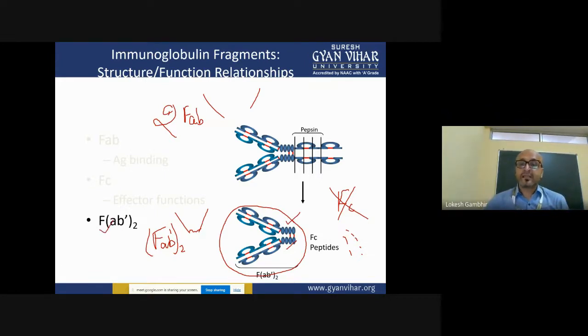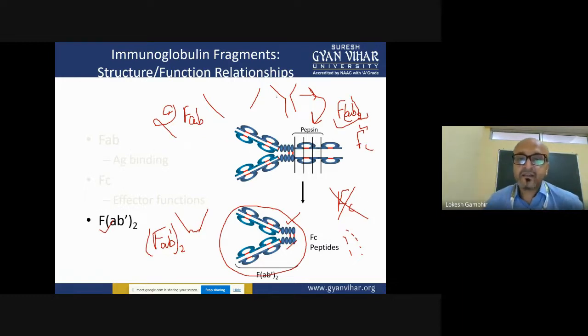So the question comes like this: if you treat an antibody or an immunoglobulin with pepsin, what fragments will you be getting? Options will be in front of you. You have to see the option where this particular orientation or nomenclature is there: fragment of antibody dimer along with cleaved Fc peptide.